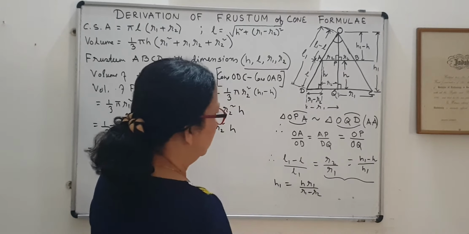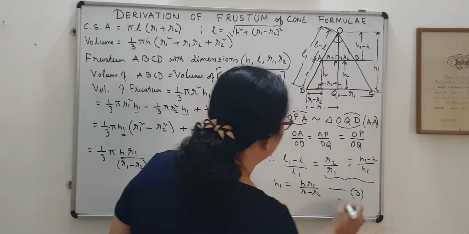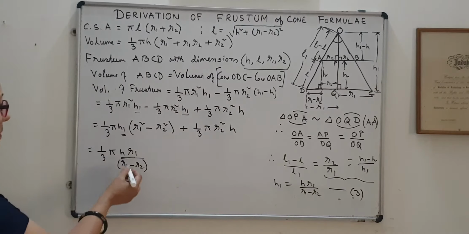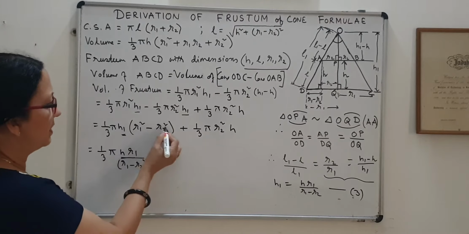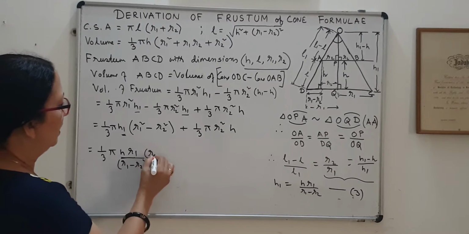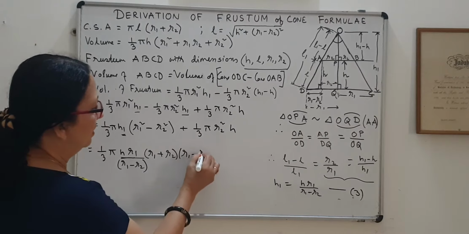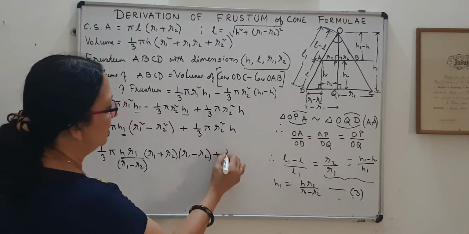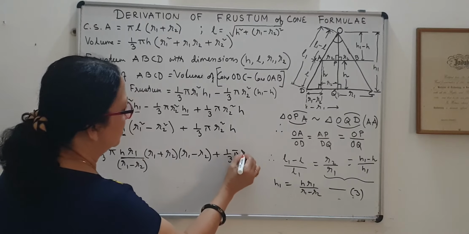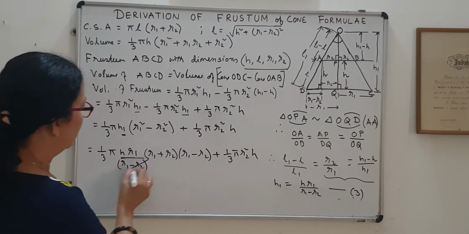So equation 3. Using equation 3 here, I will be getting this. Now this is A square minus B square, so I can write it in this way: A plus B into A minus B. Then lastly, this is as it is. So these two get cancelled.